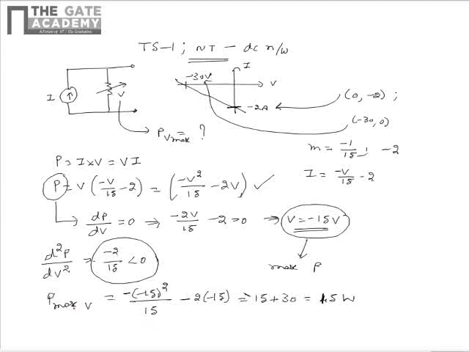From this we see that the maximum power dissipated in the variable resistor is 15 watts.